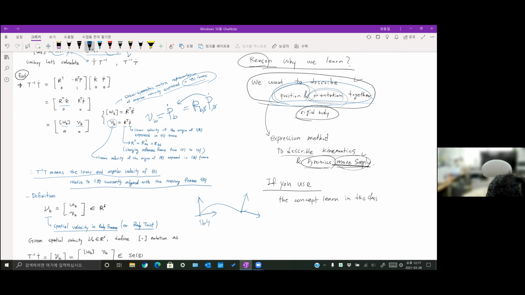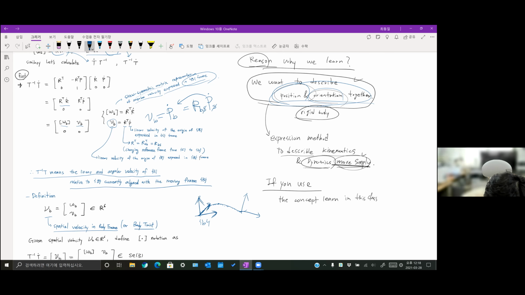Every time it moves like this, and we think about some velocity like this. So at this time, the velocity vector of B frame is like this.